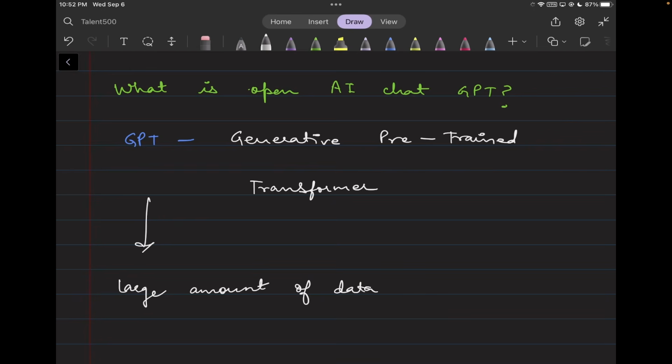It is not going to modify the data. But when you talk about ChatGPT, it writes it down in such a manner that you are talking to an AI. You are talking to a human, which is artificially intelligent.